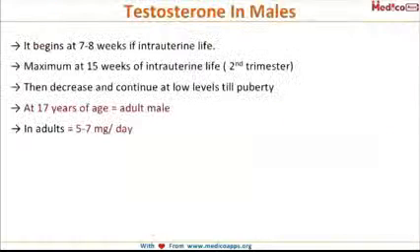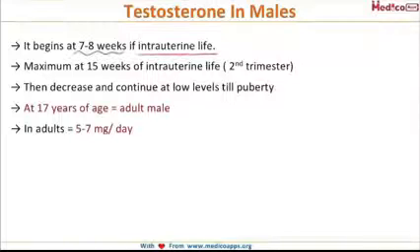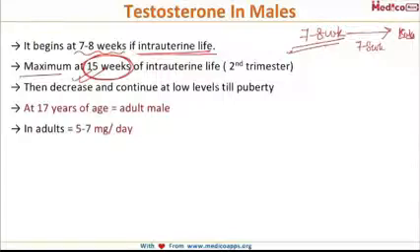Now a few words about this testosterone. Testosterone secretion starts at 7 to 8 weeks of intrauterine life, continues to increase for another 7 to 8 weeks, and so it is the maximum at 15 weeks, that is in the second trimester. Then it decreases and continues at low levels till puberty, that is till the onset of spermatogenesis.